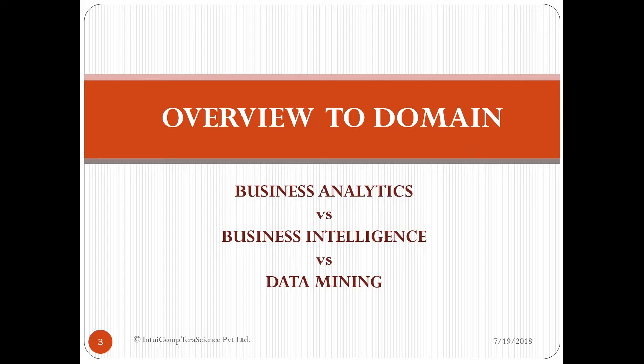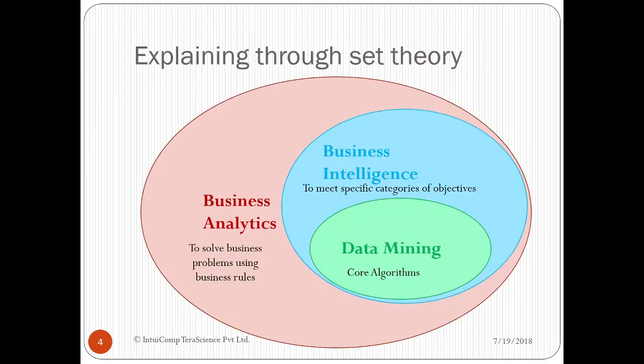Let's come to the overview of the domain: business analytics versus business intelligence versus data mining. Let's understand using set theory. Now explaining business intelligence and business analytics, we consider tools for consolidating, analyzing, and providing access to vast amounts of data to help users make better business decisions.